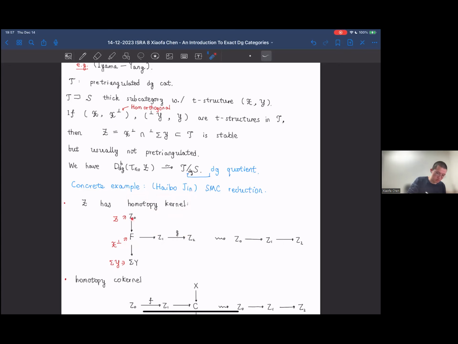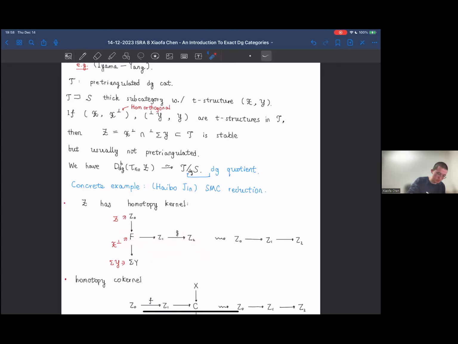When we apply Hom of Z to this sequence, we can view this as the shift inverse of the cone of this morphism.